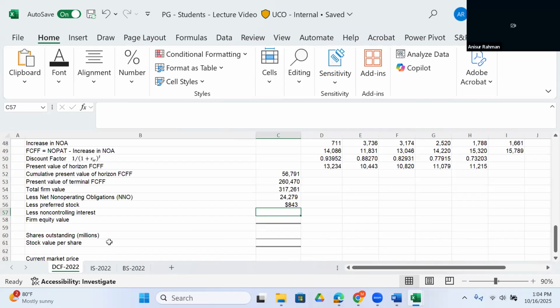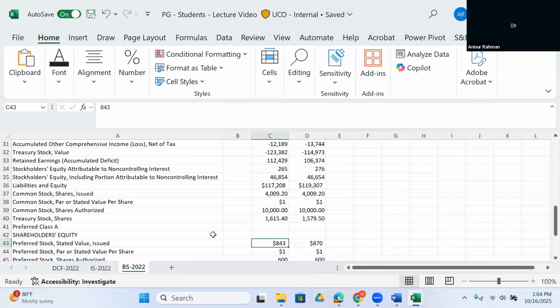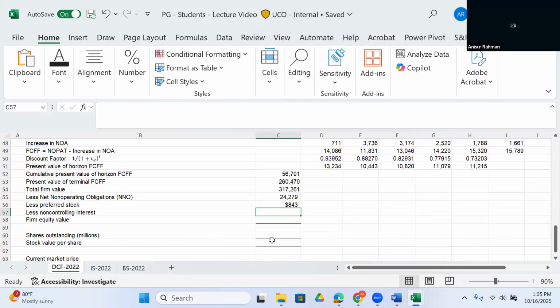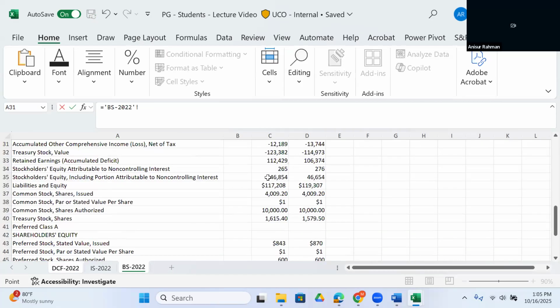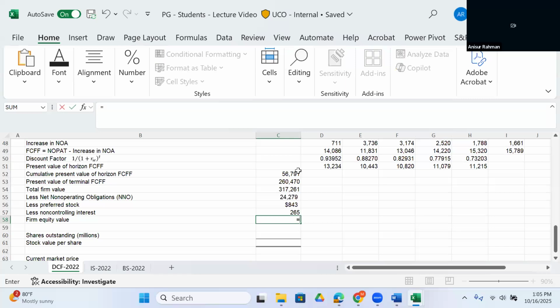Less non-controlling interest. Do we have a non-controlling interest? Yes. So enter. This is our non-controlling interest. Okay. Now equity value is my total firm value minus NNO minus preferred minus non-controlling.